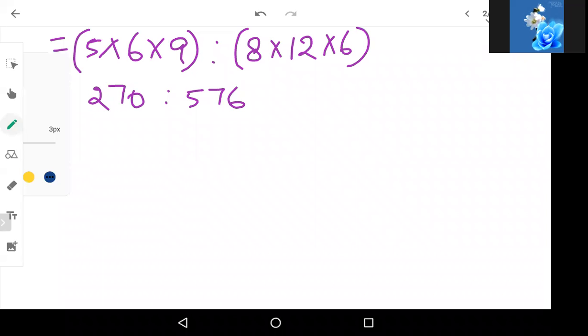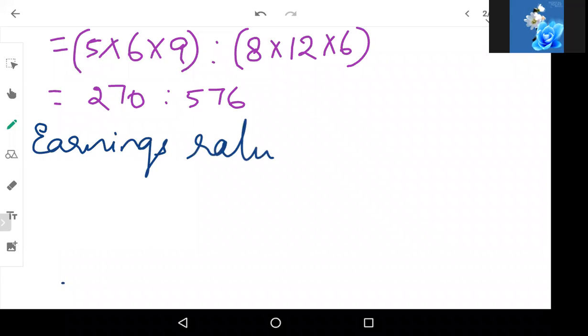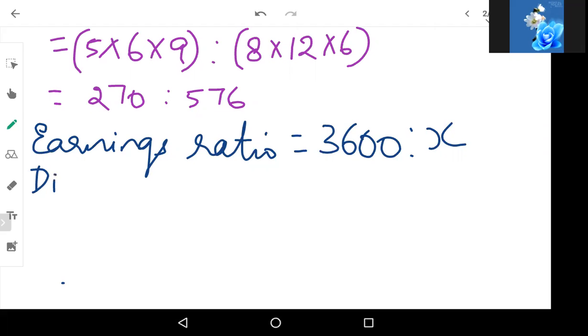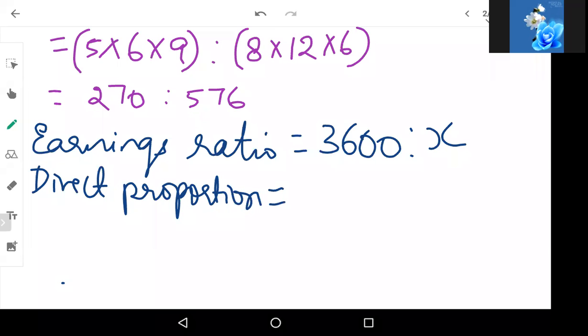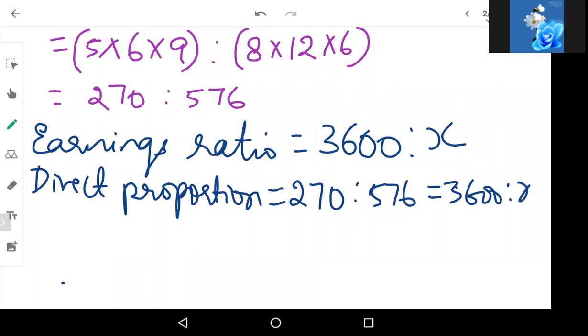Now let us form the earnings ratio. First they were paying 3600 rupees. Now we have to form the ratio, correct? 3600 is to x. Now put them into direct proportion. In direct proportion, you will have 270 is to 576 is equal to 3600 is to x.